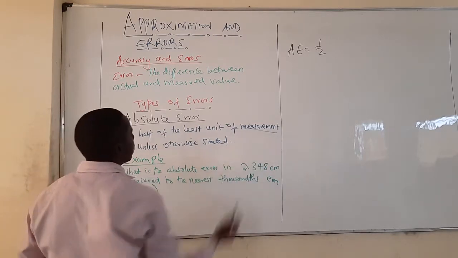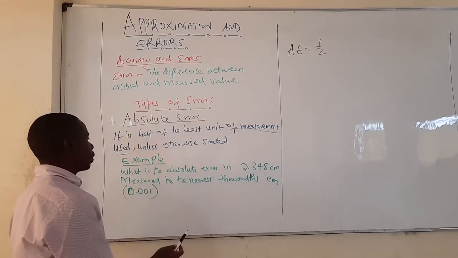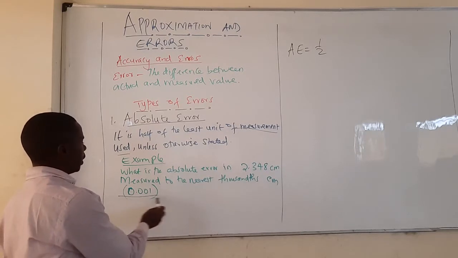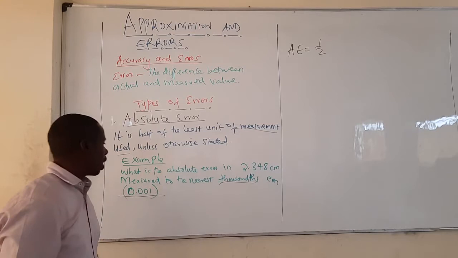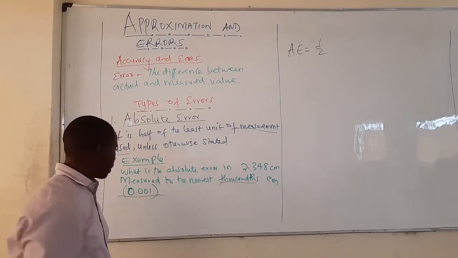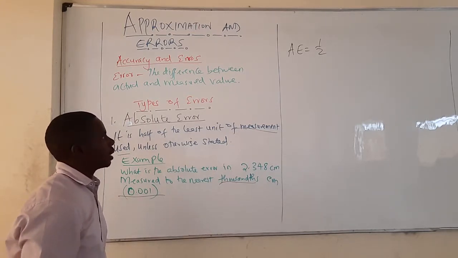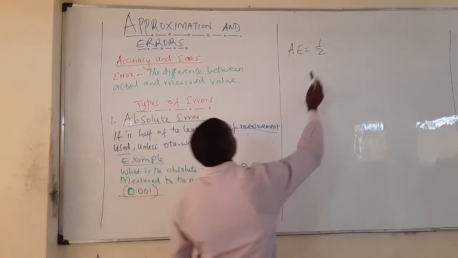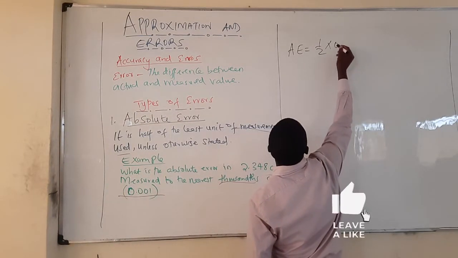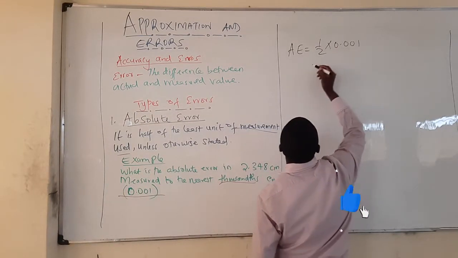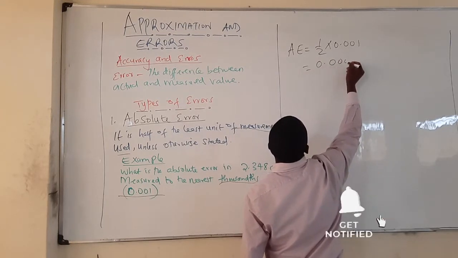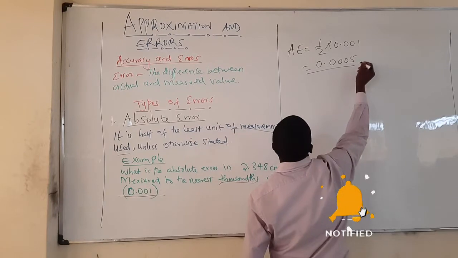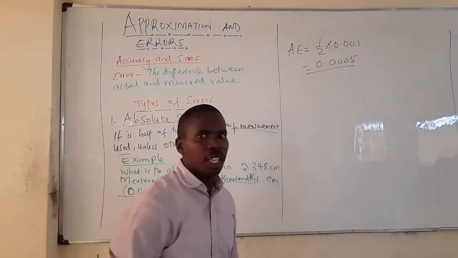So in our case, the least measurement that we have here is thousandths, which is 0.001. So absolute error would be a half times 0.001. You get 0.0005.